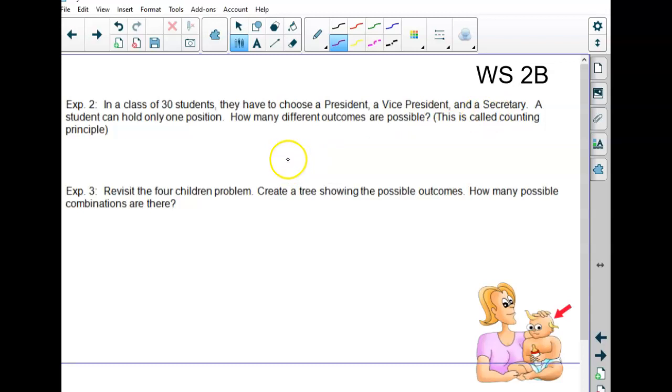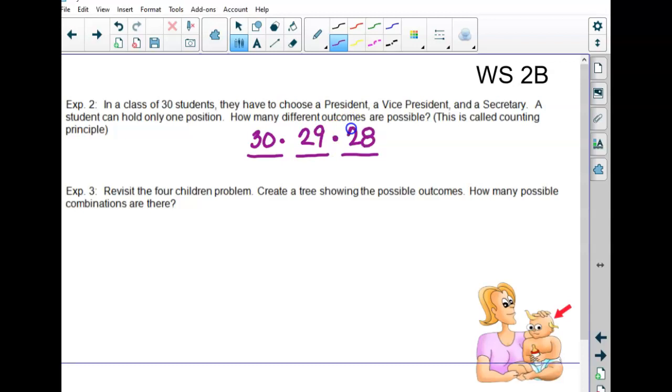I don't know if I would call this a counting principle, but there's 3 slots. How many people are we talking about choosing out of for the first slot? Doesn't matter if we started with president or secretary. There was 30 people to pick from. And then when we went back, they can't be the same. So then there would be 29 people to pick from and 28 people to pick from.